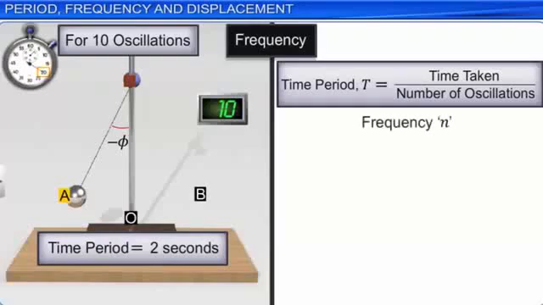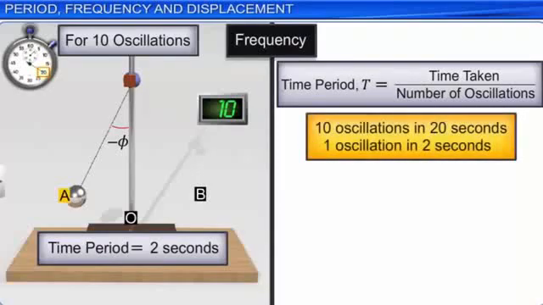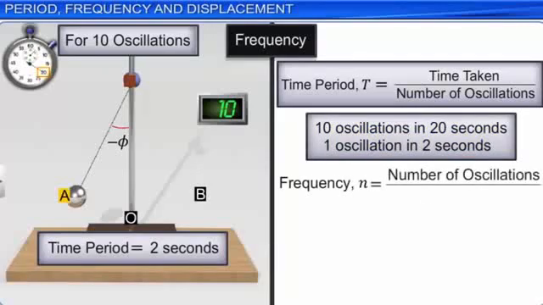In this case, the pendulum shown executes 10 oscillations in 20 seconds. That is, in 2 seconds, it executes 1 oscillation. Here, frequency n will be equal to the number of oscillations divided by the time taken, which on substitution gives the value 0.5.